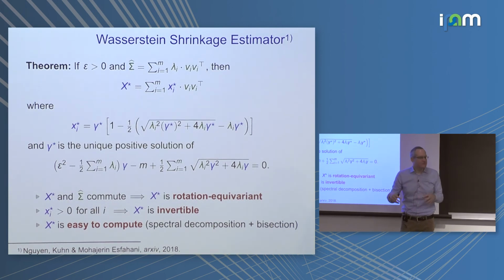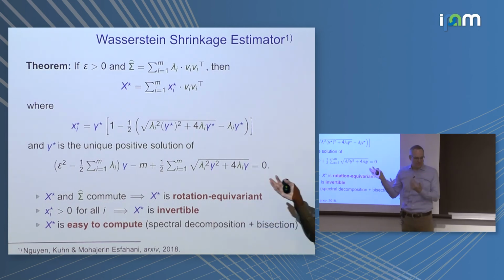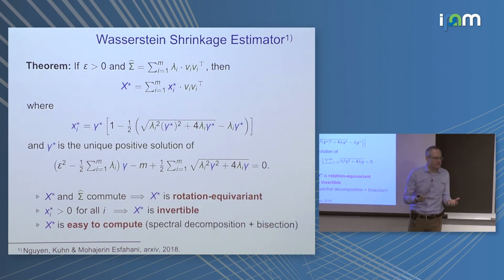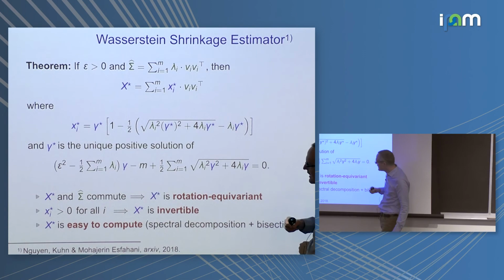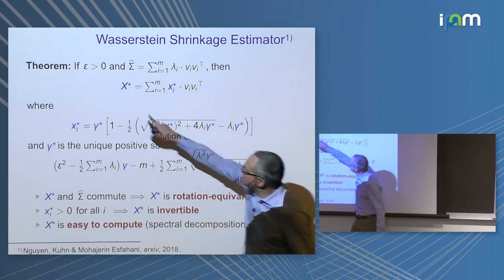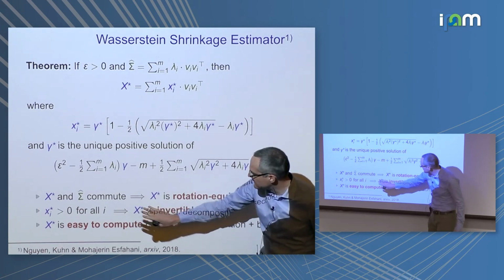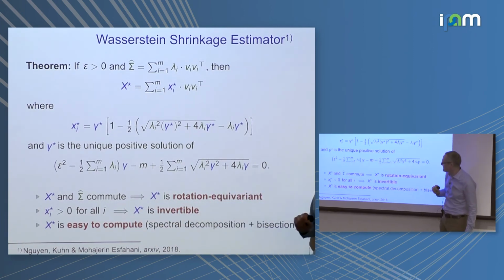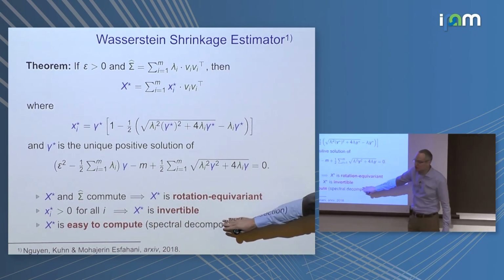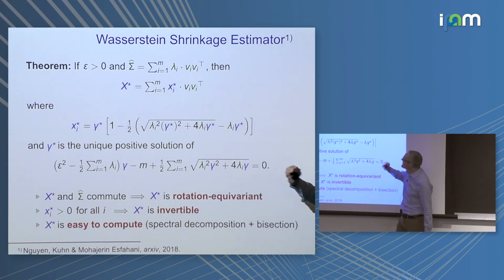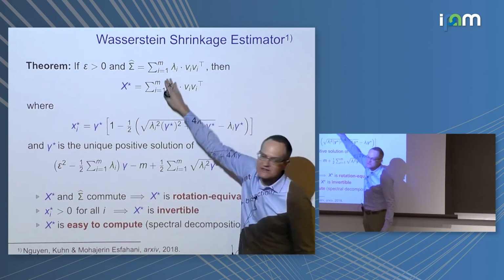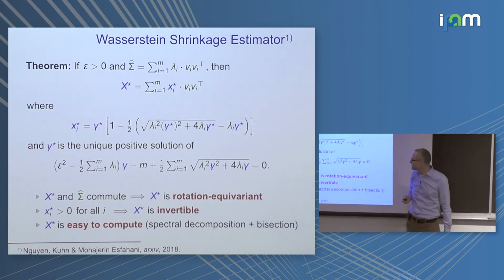According to statisticians, that is a desirable property for covariance matrix estimators if you don't have any prior structural information. One can also prove that if epsilon is positive, all the eigenvalues we compute in this way are positive, so our matrix is always invertible. And it's extremely easy to compute. The most computationally heavy step is to compute the spectral decomposition of the sample covariance matrix.